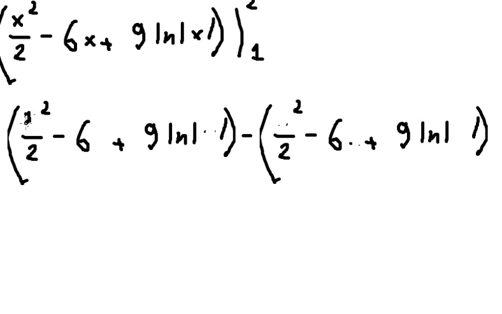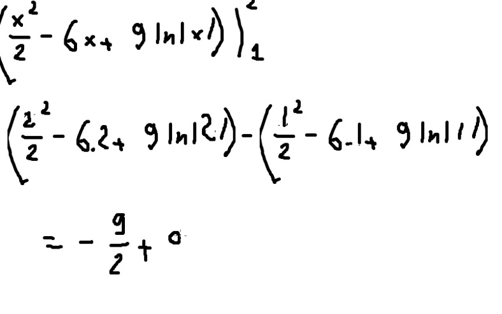So we put number 2 in here, number 2 in here, number 2 in here, number 1 in here, number 1 in here, and number 1 in here. So we simplify everything. You got about negative number 9 over 2 plus 9 ln number 2.